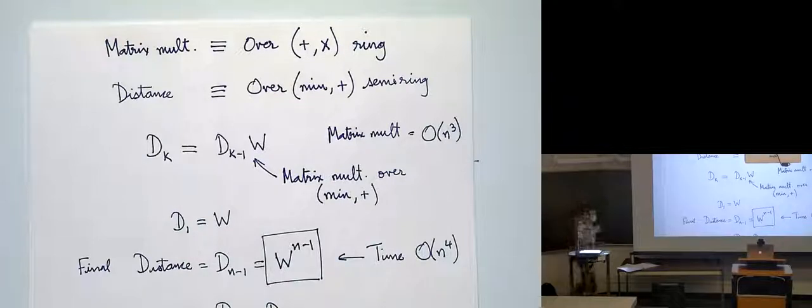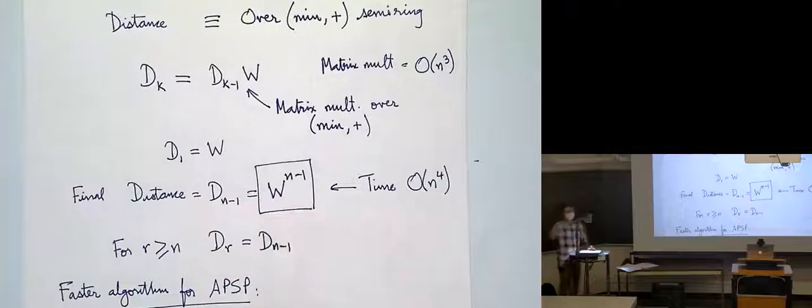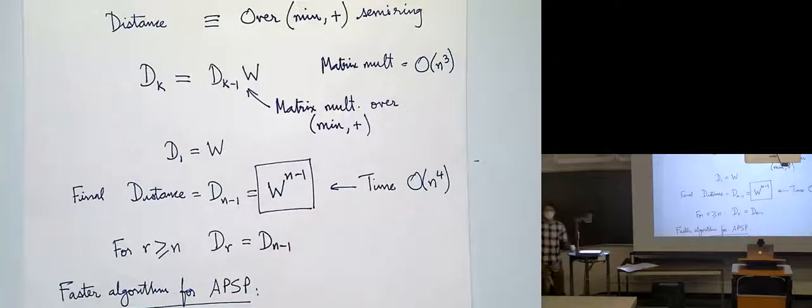Again, I misspoke in the beginning. This works even when things are directed. Everything checks out. And so that means the distance matrix is really the (n-1)th power of the weight matrix. But you can power it even more and it won't make a difference.